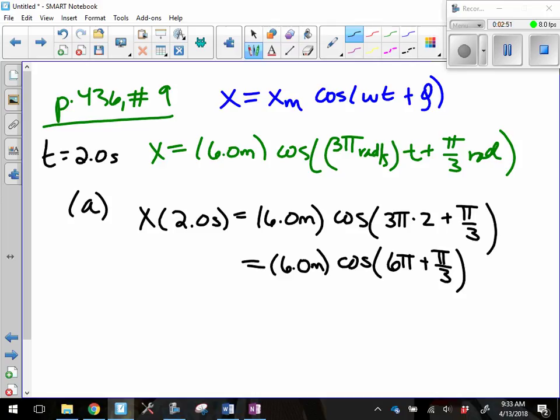So what's the cosine of pi over 3? Make sure you're in radian mode.